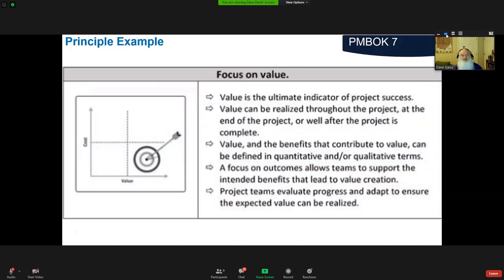So let me give you an example of a principle. And this is from a draft of the PMBOK Guide. By the way, if anybody's coming here for that, I will not be able to tell you when the PMBOK Guide will be available, because I do not know. If you go to Amazon right at the moment and look up the PMBOK Guide 7, they will say it's available May 1st. PMI has not delivered any date.